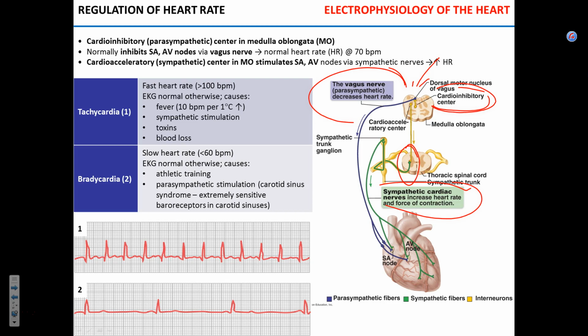And instead of it, signals start to come through the cardiac sympathetic nerve, and this nerve receives the input from cardioacceleratory center. Does that make sense? So say when you have low blood pressure, in response to low blood pressure, which center is going to be activated? Cardioinhibitory or cardioacceleratory?